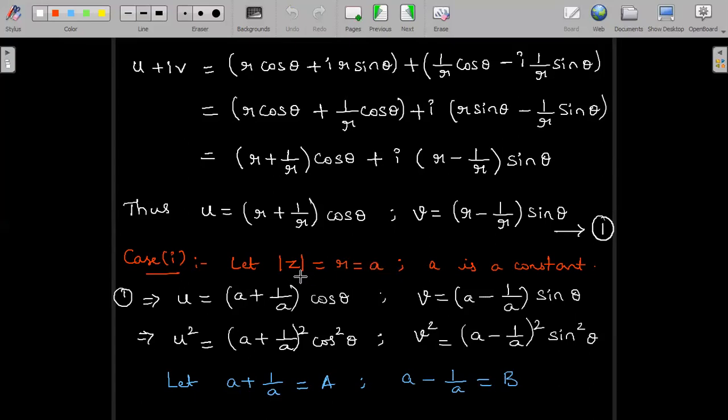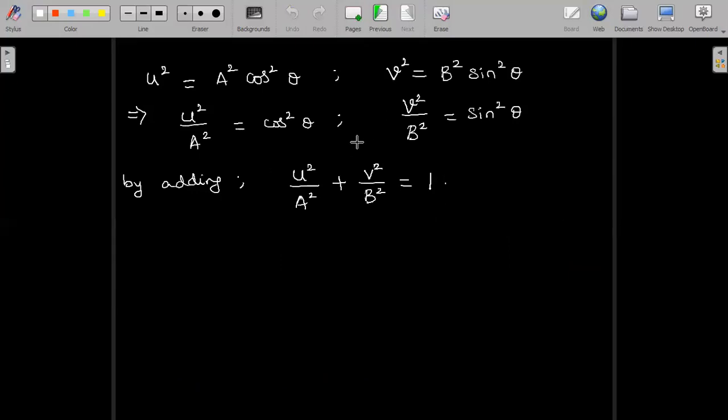Mod z means square root of x square plus y square is equal to a. Or squaring on both sides, x square plus y square is equal to a square, which represents a circle equation in the z plane. And we observed that this is mapped onto an ellipse in the W plane. So we can conclude the same thing now.